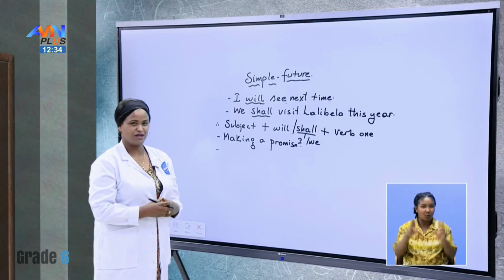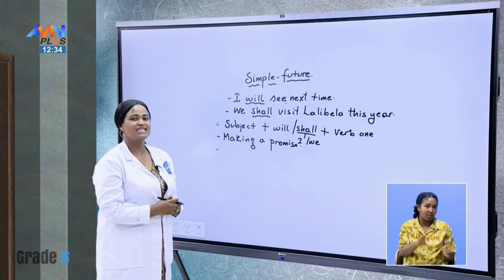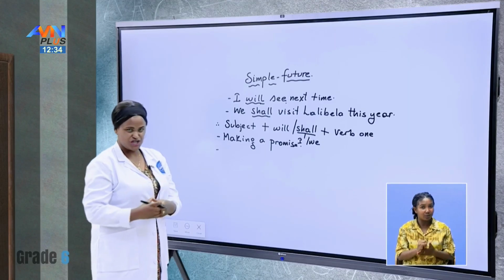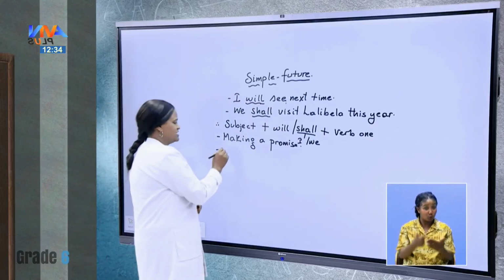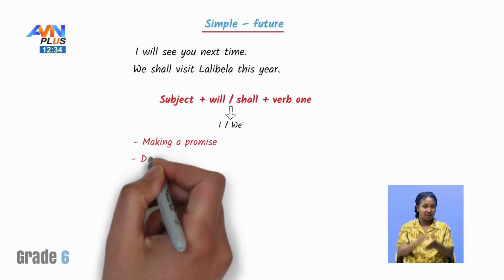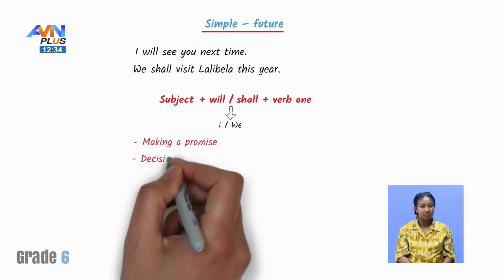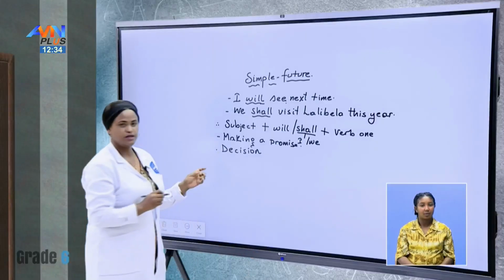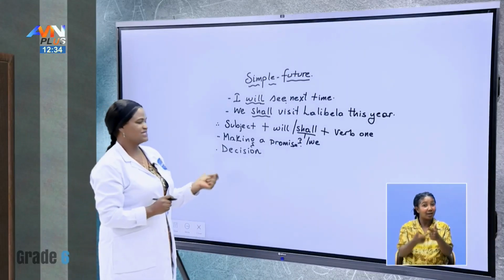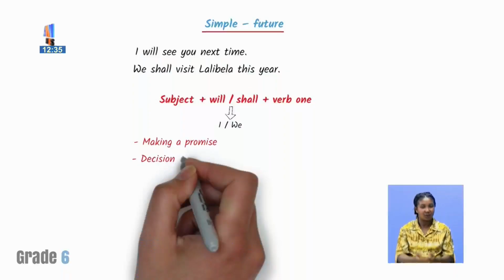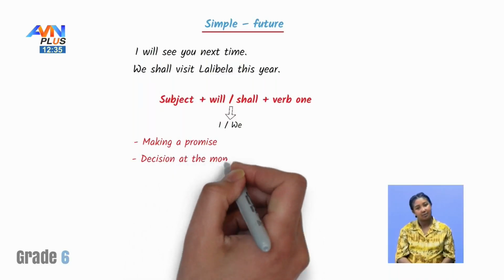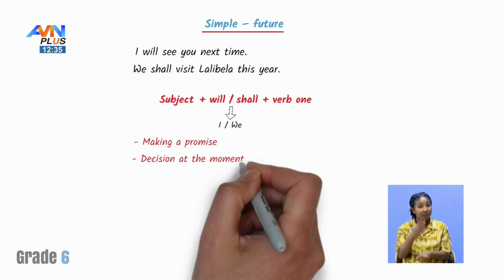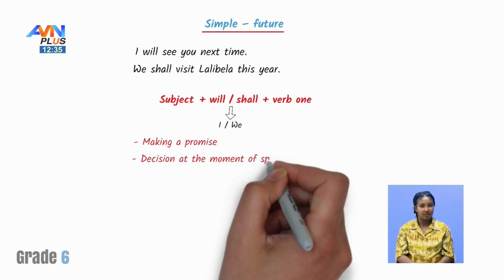No, that was not our plan, yes? But it is what? A decision that you make at the moment of speaking. So, for decisions, yeah? This is it. Okay. Then the second one is what? Decisions at the moment of speaking.